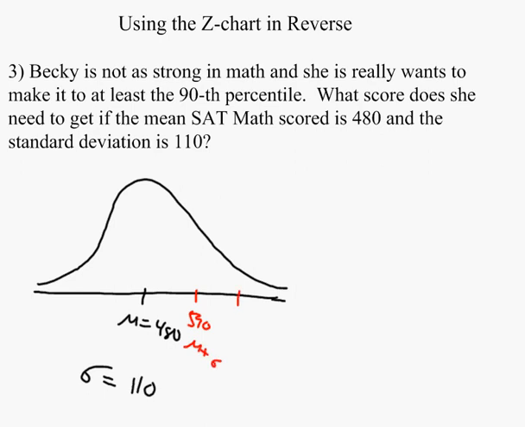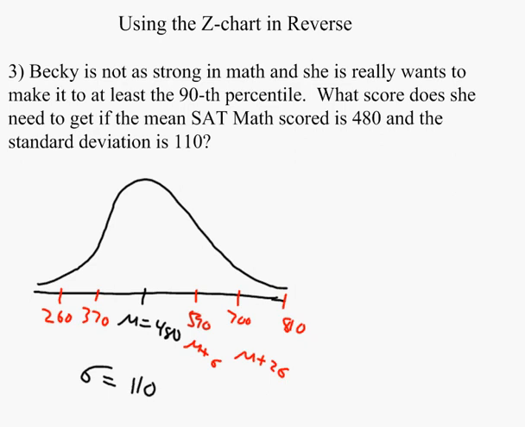If we add 2 standard deviations to it, we add another 110 to that, that's going to be 700. And then 810. And then we can subtract. If we subtract here, we would get 370 and 260.